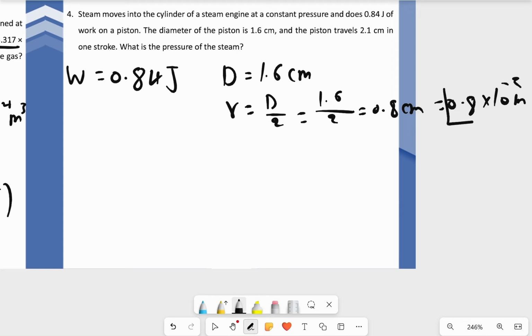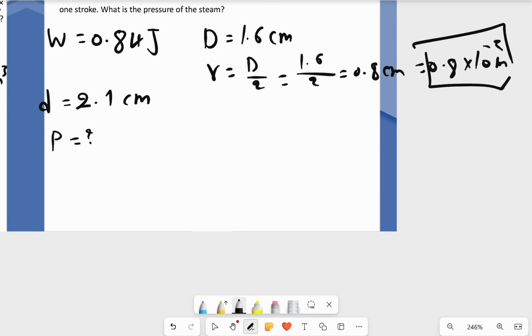Okay, this is our radius, careful. Then what else do we have? It says the piston travels 2.1 centimeters. This is D2, which is the distance that the piston has traveled. What is the pressure of the steam? So P is equal to what?